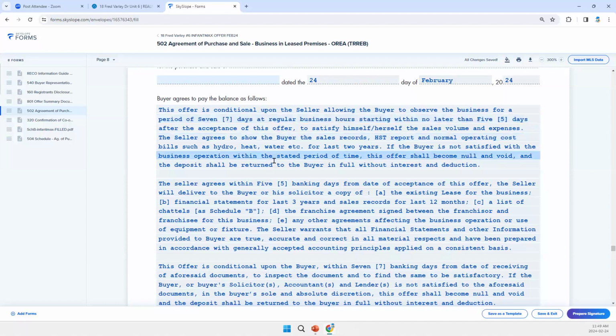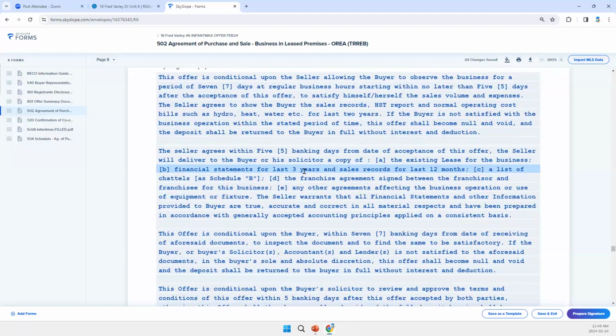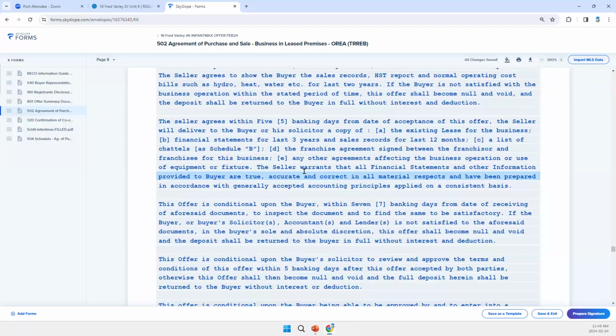HST, sales record, that kind of thing, expenses. You're going to verify all of those. Don't just make assumptions. At the end you may be surprised, like the earning is actually not that much.